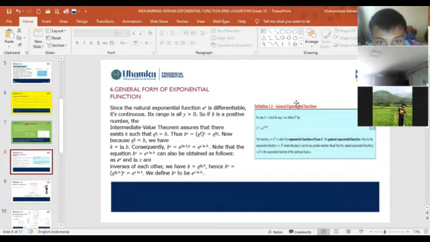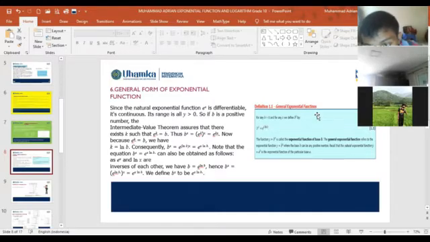So if b is positive, we define the general exponential function: for any b bigger than 0 and any x, we define b power x by e power (x times natural logarithm of b). The function y equals b power x is called the exponential function with base b.